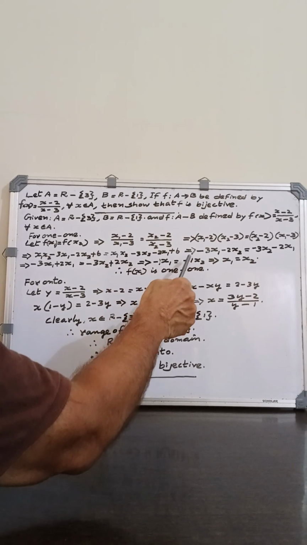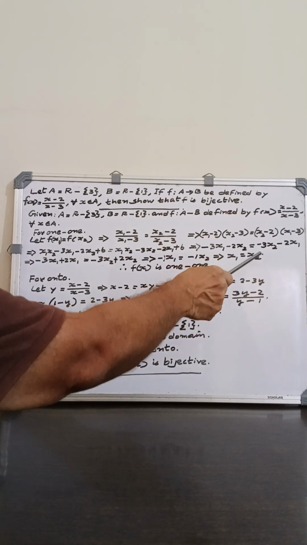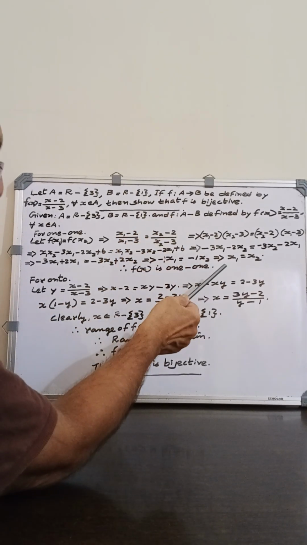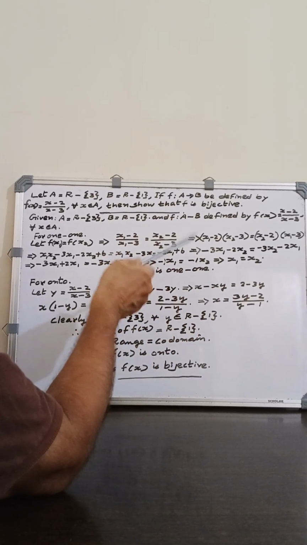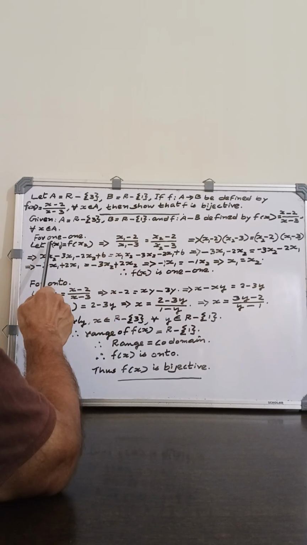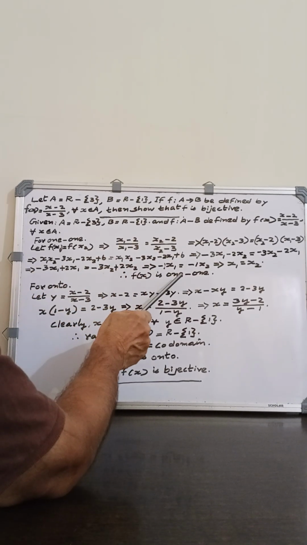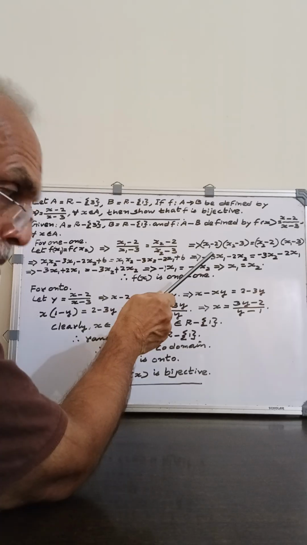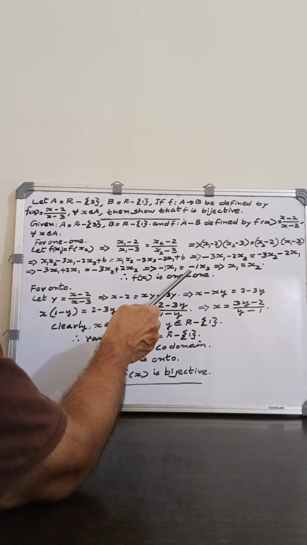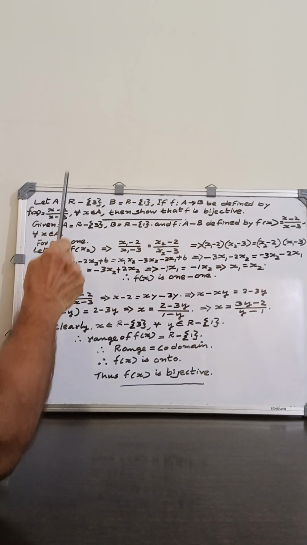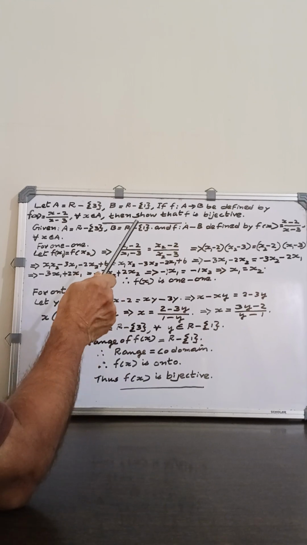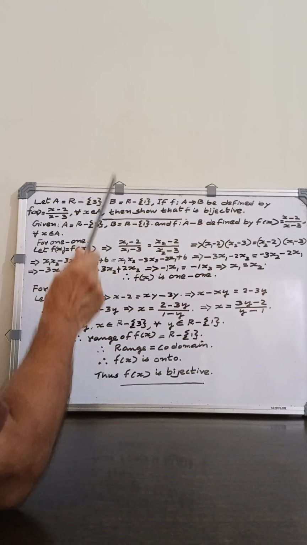Minus 1 and minus 1 cancel, therefore x1 equals x2. That result we got. Therefore, we can conclude that f(x1) equals f(x2) implies the function is one-one. This function f(x) is one-one.